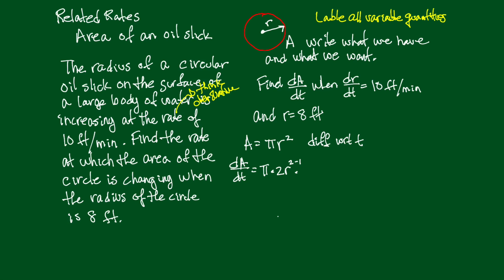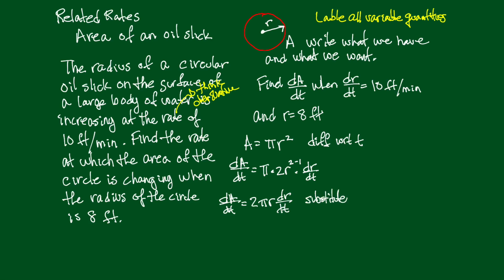This is a power, so I'll use the power rule. Derivative of the outside times the derivative of the inside. Now, the derivative of the inside, I'm just going to denote that by dr/dt, the derivative of r with respect to t. Let's fix that up a little bit. dA/dt is equal to 2 pi r, 2 minus 1 is 1, dr/dt.